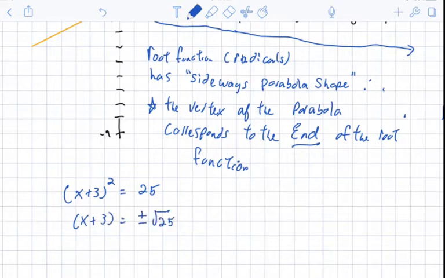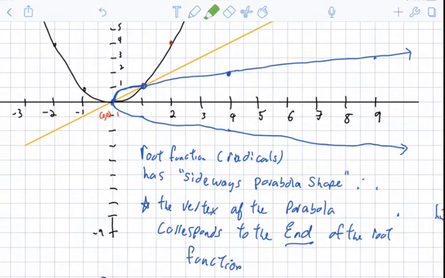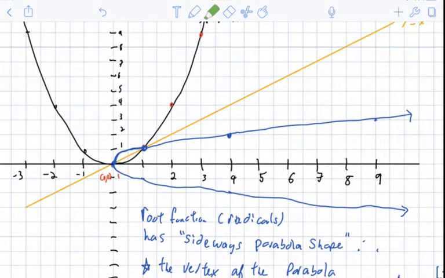How does this plus or minus come into it? Why do we do this plus or minus deal? And the answer here is that your parabolas always have an upper and a lower branch when we tip the parabola sideways. When you look at the mirror image of the original parabola, the inverse operation, it always has two branches.